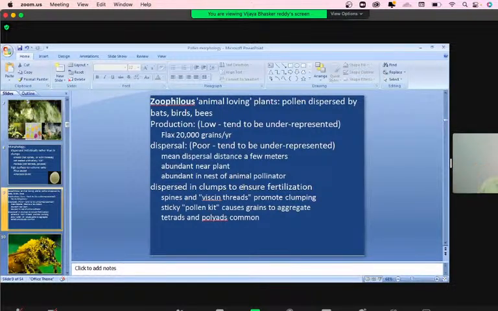From that plant, within a radius of 3 or 4 kilometers, maximum radius of 5 kilometers, within that circle they roam and collect the pollen and nectar. So the radius is also very low. They cannot reach far areas. Maximum distance is 5 kilometers or a few meters from the plant. But you can see more abundance of the pollen near the plants.